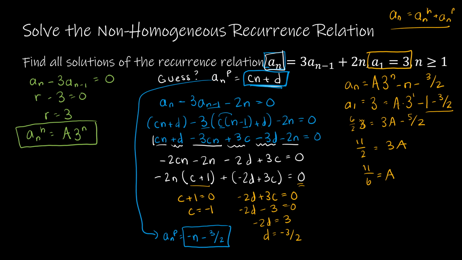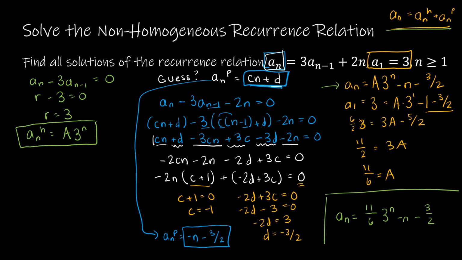So finally, what is our solution? Our solution is this format. I've got a sub n is equal to, and instead of a, I now have 11/6. So basically I'm looking at what we did here. So this is 11/6 times 3 to the n, and then minus n minus 3/2.